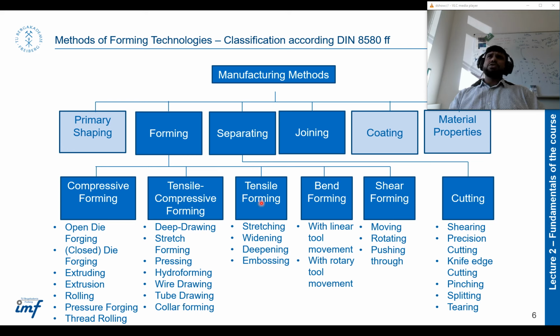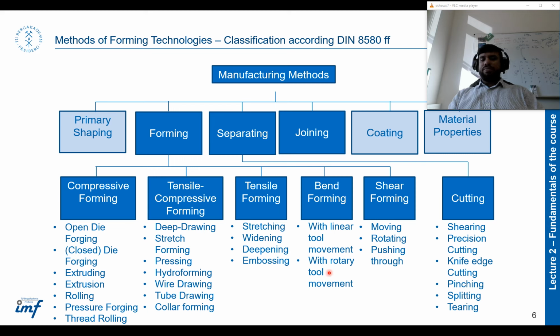This is usually not quite the bigger category, so most of the processes do not fall into this category, where we just apply a tensile load and shape our material based on that. And then there is bending forming, where we bend a material into the desired shape, and here basically this can be done by using a linear tool, by the rotary tool.